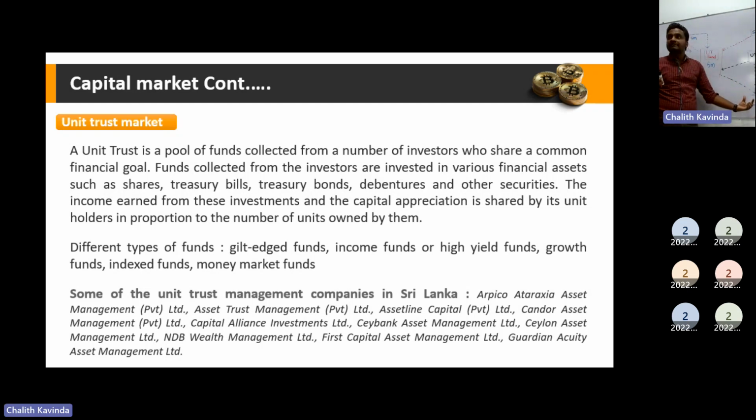If you pick a money market investment, the risk is lower, because you are getting a quick return. Likewise, you can pick a fund in terms of its risk. If you go for a high yield fund, definitely the risk is high, but you are getting a high return. Is that clear?